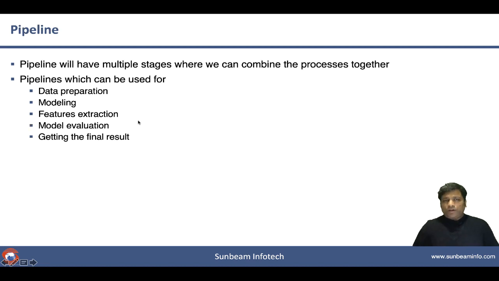So here we'll start combining all those different stages into one single pipeline. When I say pipeline, this will be considered as one single project, one single unit, which will have data preparation, feature selection, modeling, model evaluation, and getting the final result out of the entire pipeline. Once the pipeline is done, we will start getting the result by passing the actual data inside it.